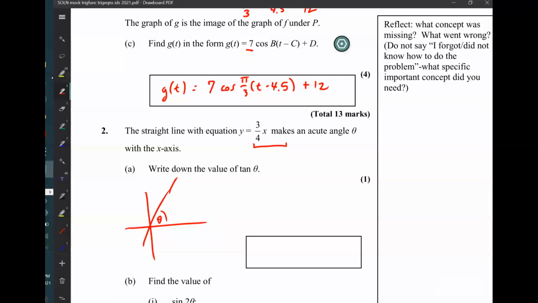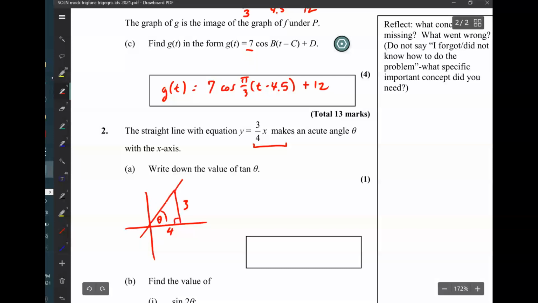And rise over run tells us that the rise is 3 and the run is 4. I kind of drew this triangle a little bit tall, although it should be wider than it is tall, right? Let me fix that. Okay.